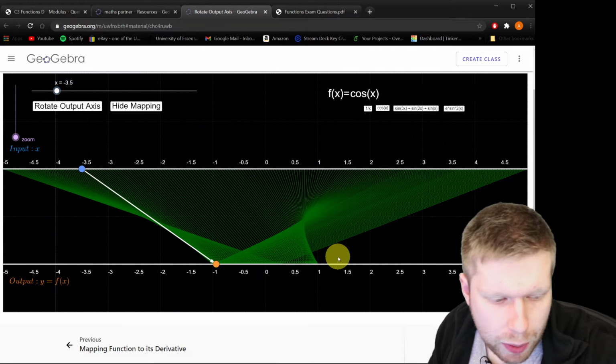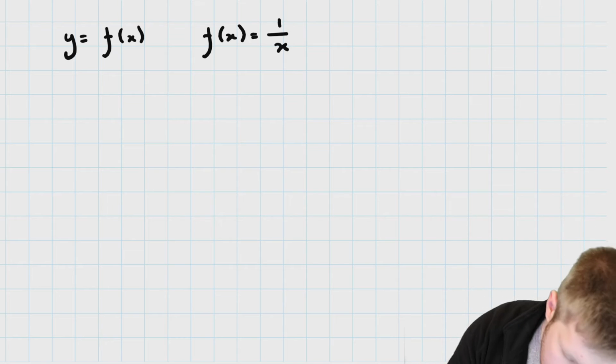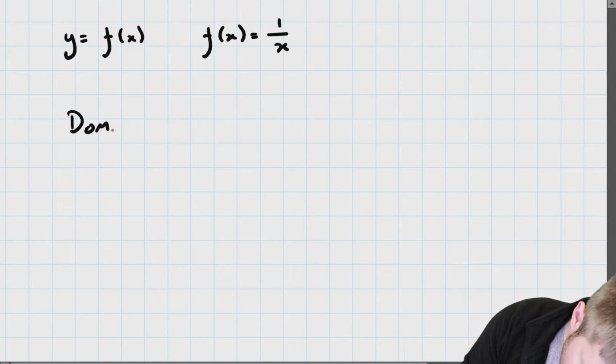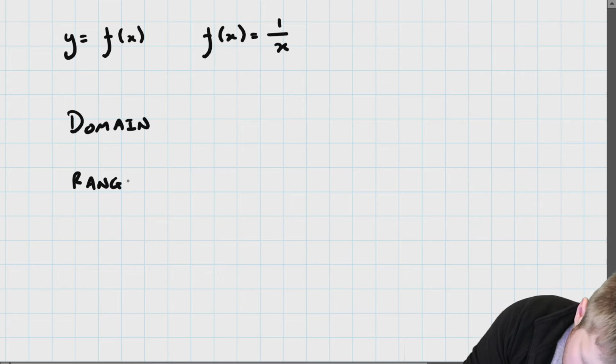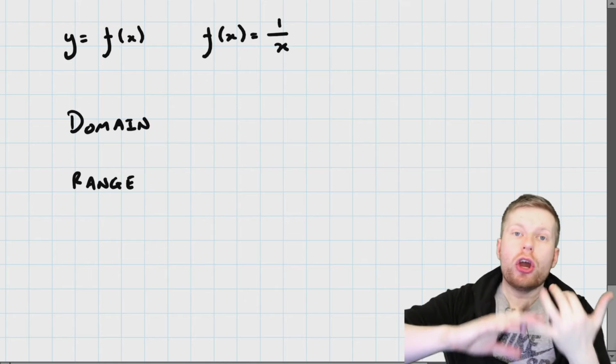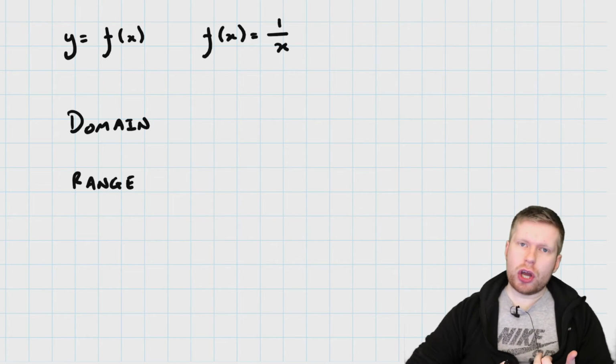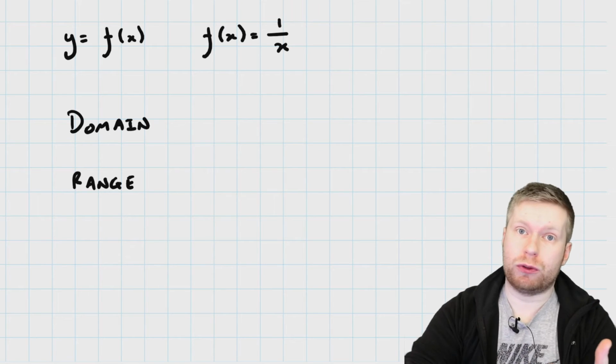And I do that by using something called domain and range, okay? Because I have two words here, it makes sense that one of the words corresponds to the values that I can put in, and one corresponds to the values that I get out.